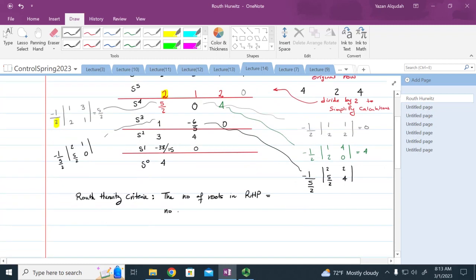It's equal to the number of sign changes in the first column of the Routh Hurwitz table.